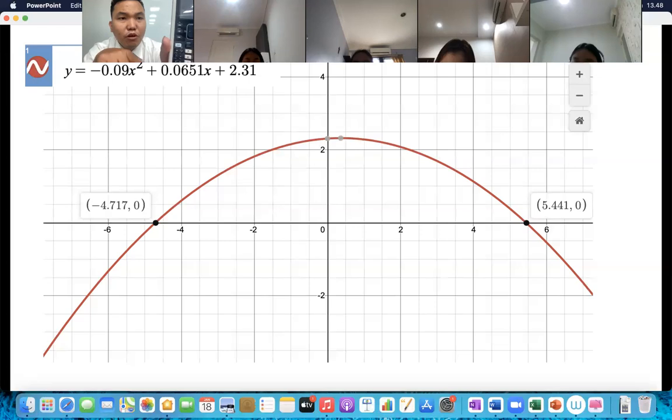Okay, but the problem is, don't directly click enter. Why? Because this is still undefined. So what you should do so that it will not cause an error if you enter it, is press comma here, x. That's how you define the variable that you're looking for. And this is what you find in terms of the equation.